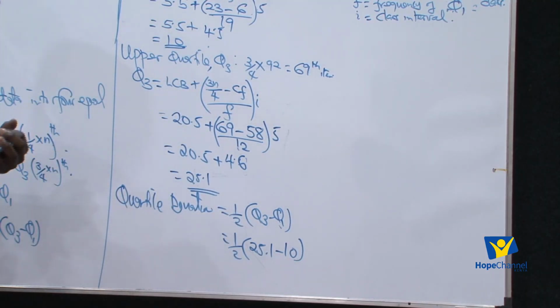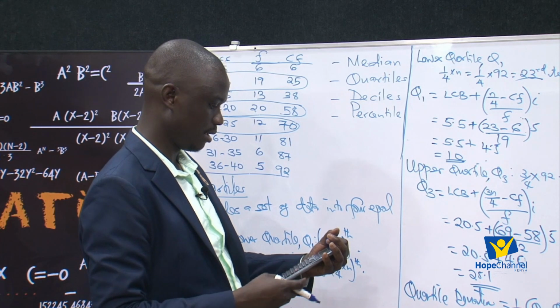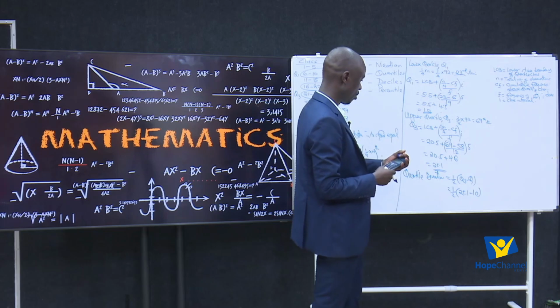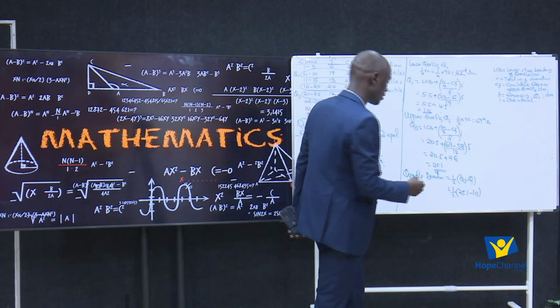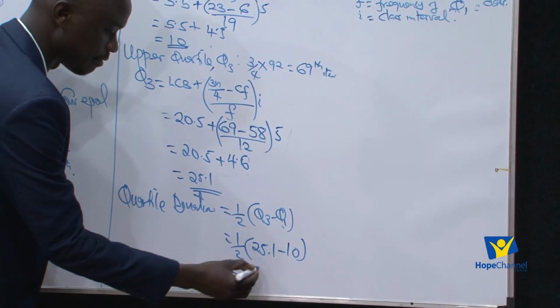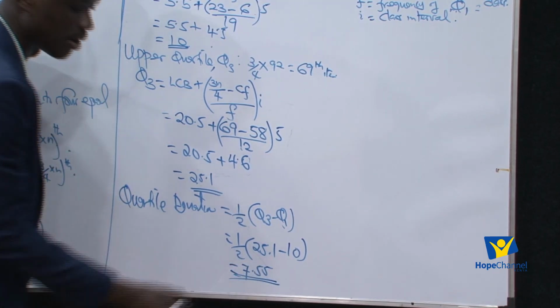So 25.1 minus 10 is 15.1, then multiplied by a half gives us 7.55. 7.55 is our quartile deviation.